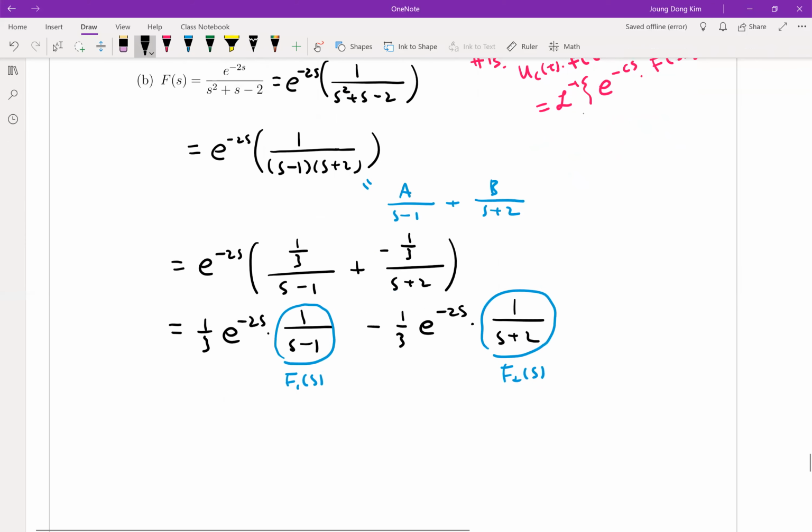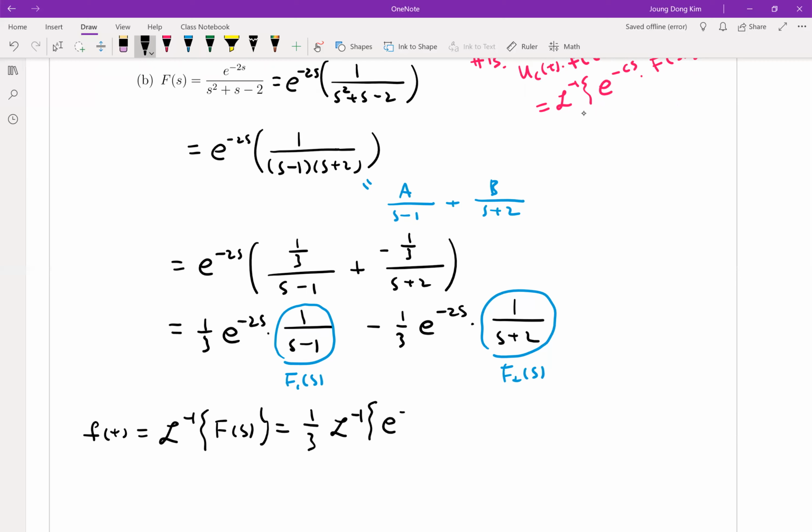By the inverse Laplace transform, f of t is equal to the inverse Laplace transform of F of s, which is 1/3 inverse Laplace transform of e to the minus 2s times 1 over s minus 1, and minus 1/3 inverse Laplace transform of e to the minus 2s times 1 over s plus 2.